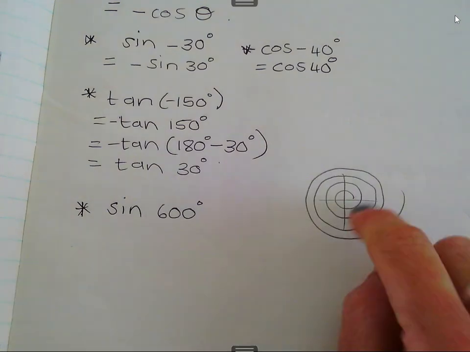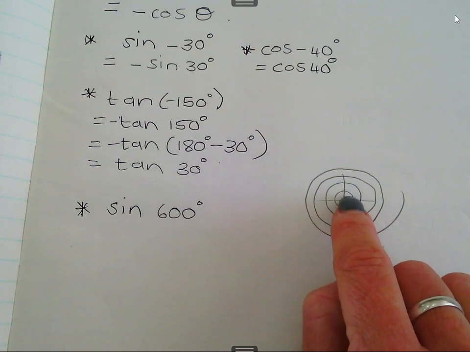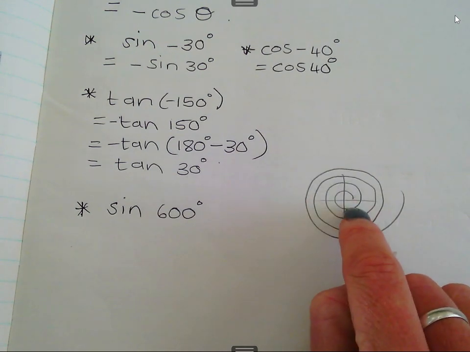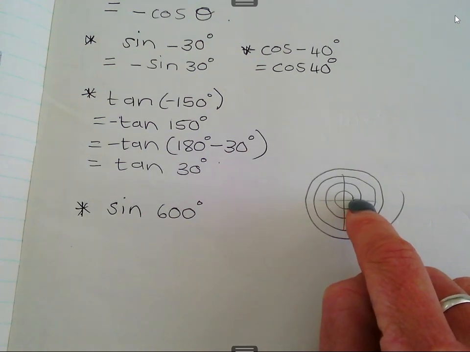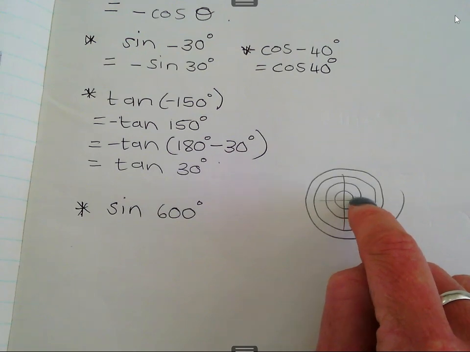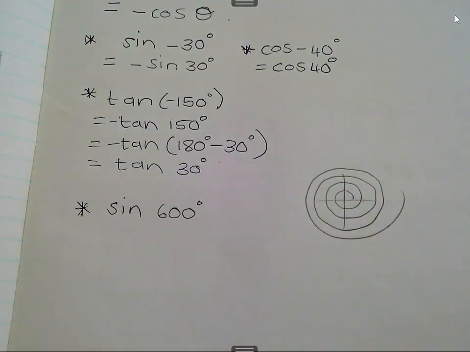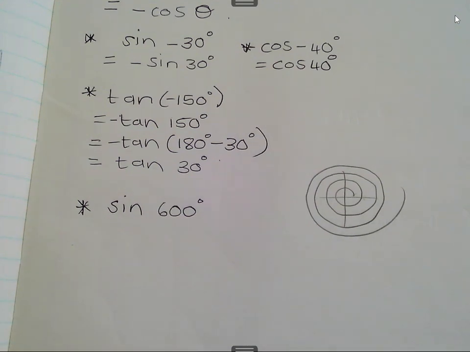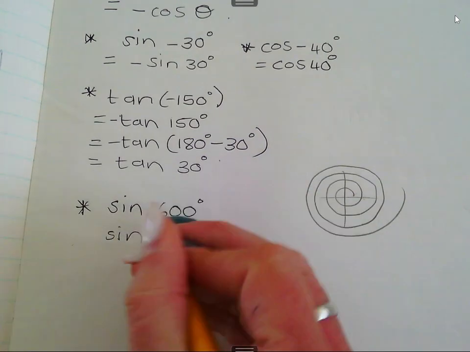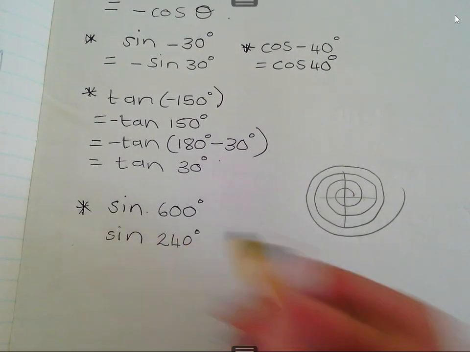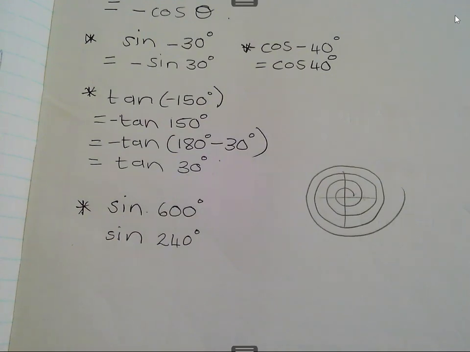Do you agree that if we started at 0 here, it would go around up to 360 degrees? And then I can basically throw that 360 degrees away. And then I start going around again. So if you have an angle greater than 360, you take your calculator, you subtract 360, and you throw it away. So they are talking about the sin of 600, but they're actually asking the sin of 240 degrees. Can you now go on with it?